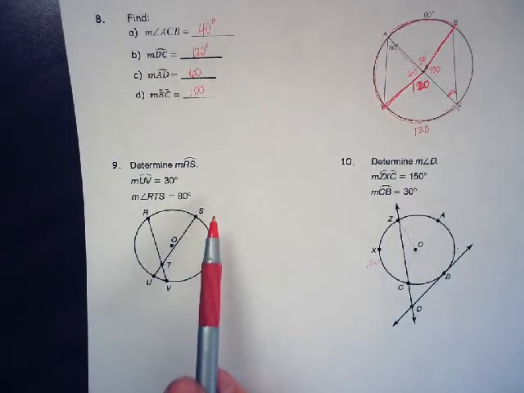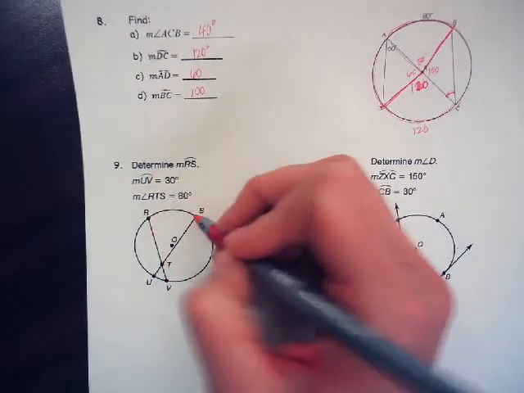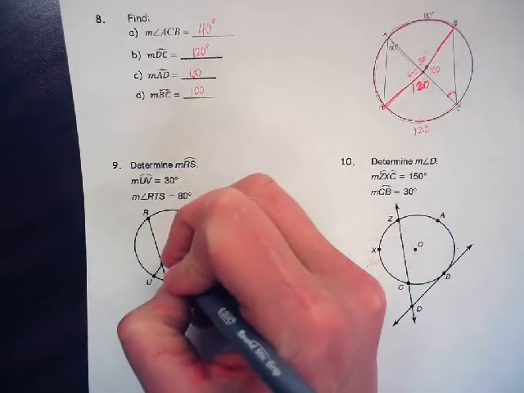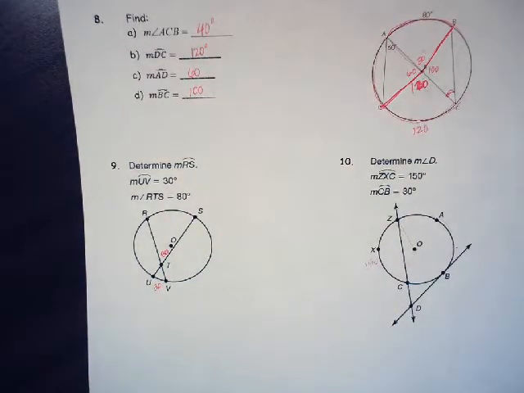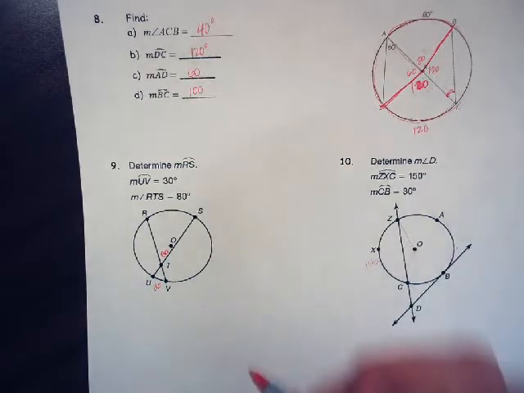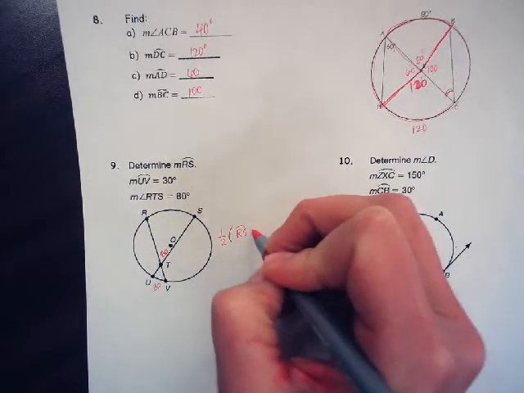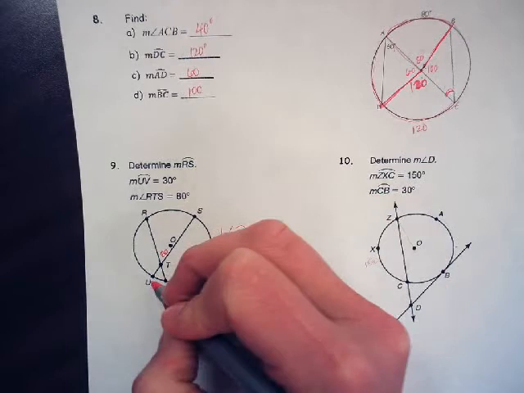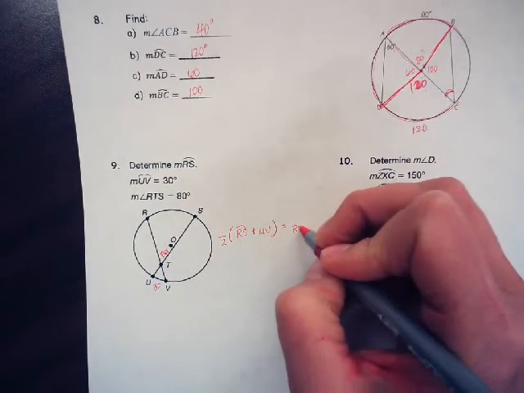Determine RS if UV is 30 and RTS is 80. So angle RTS is 80 and UV is 30. Now this was that theorem that we called the interior angles of a circle theorem, which said if I take 1/2, this would be arc RS plus arc UV, that would give me this number, so it'd be RTS in this case.